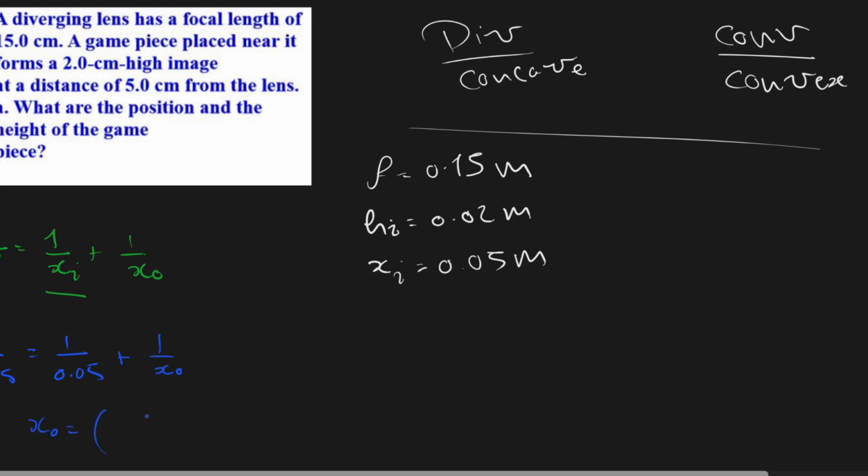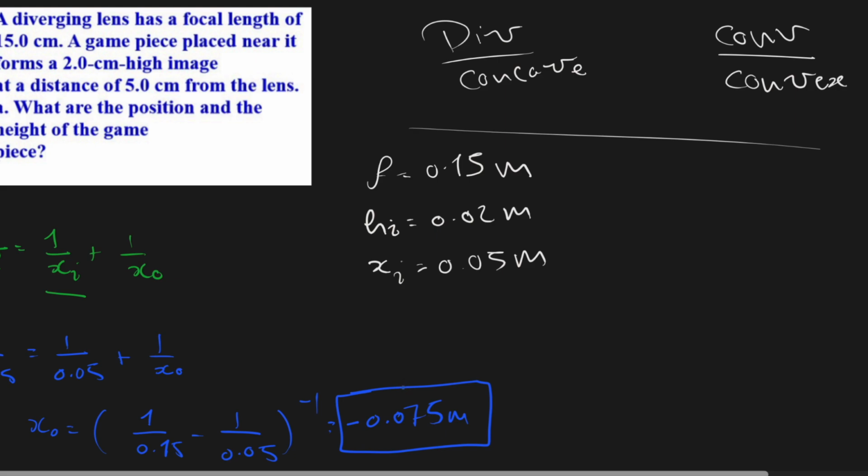So it's equal to 1 over 0.15 minus 1 over 0.05 to the power of -1, and let's find the answer. So it's negative 0.075 meters.